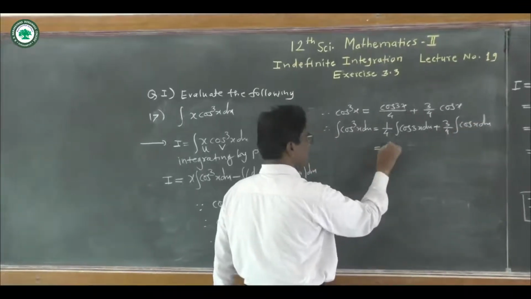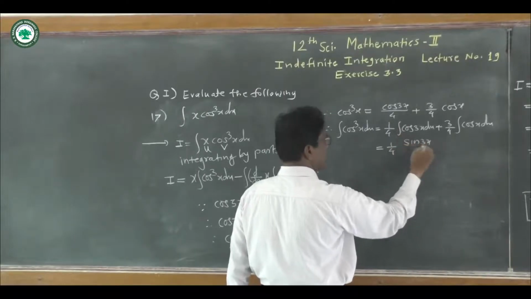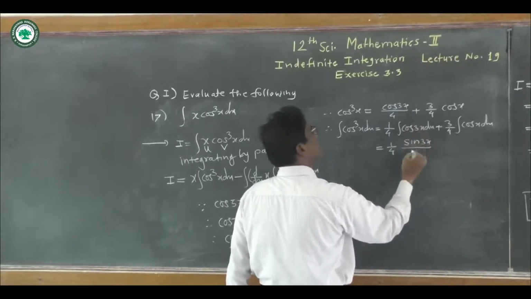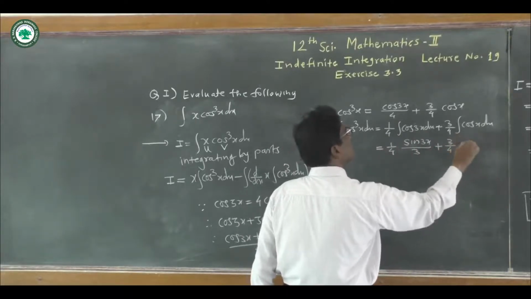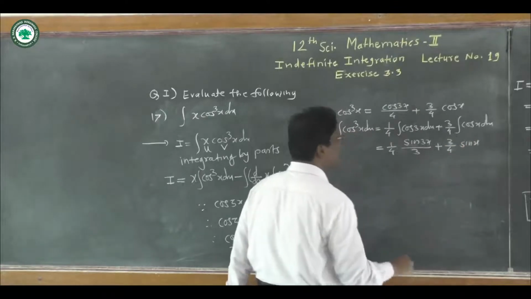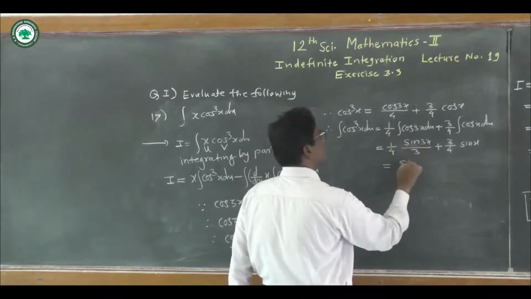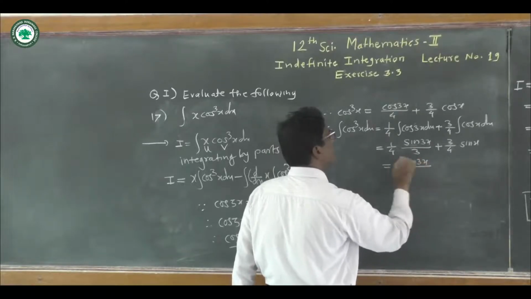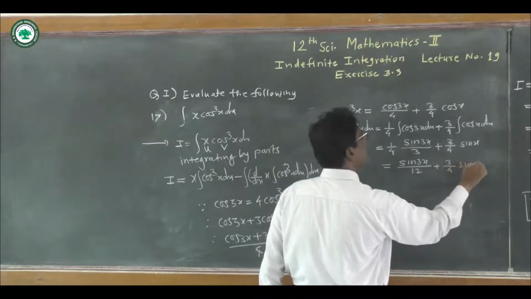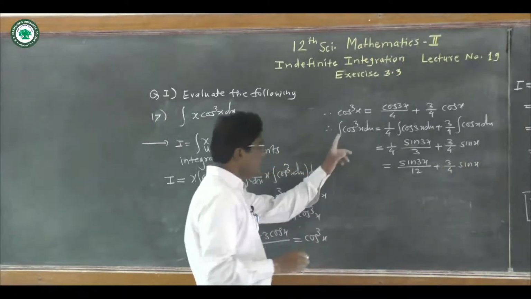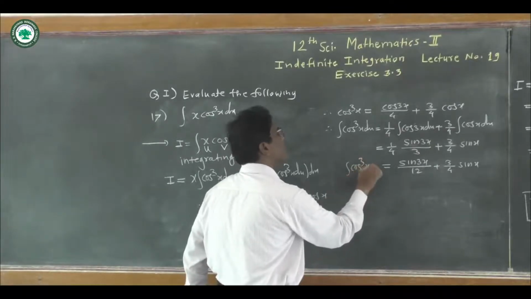And so it is equal to 1 by 4, integration of cos is sine, so sine of 3x divided by the derivative of 3x, that is 3, plus 3 by 4, integration of cos x is sine x, plus constant of integration. So we get sine of 3x divided by 4 into 3, 12, plus 3 by 4 into sine x. Get it? So this is integration of cos cube x dx.